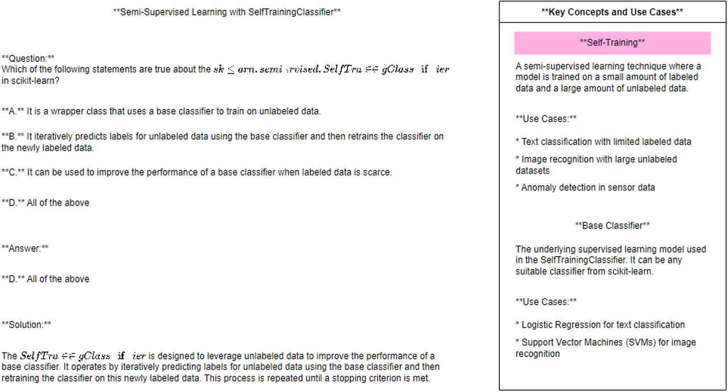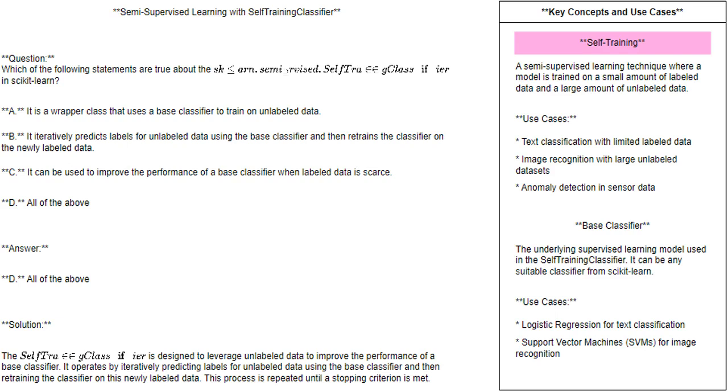Self-training. The underlying supervised learning model used in the self-training classifier. This can be any standard classifier from scikit-learn, like logistic regression, support vector machines, decision trees, etc. Utilizing logistic regression as the base classifier for classifying text into categories based on their content.